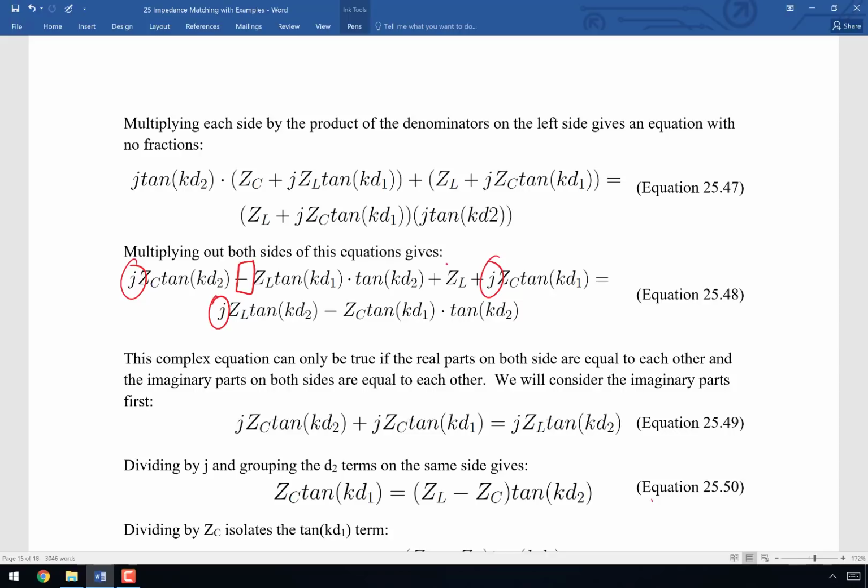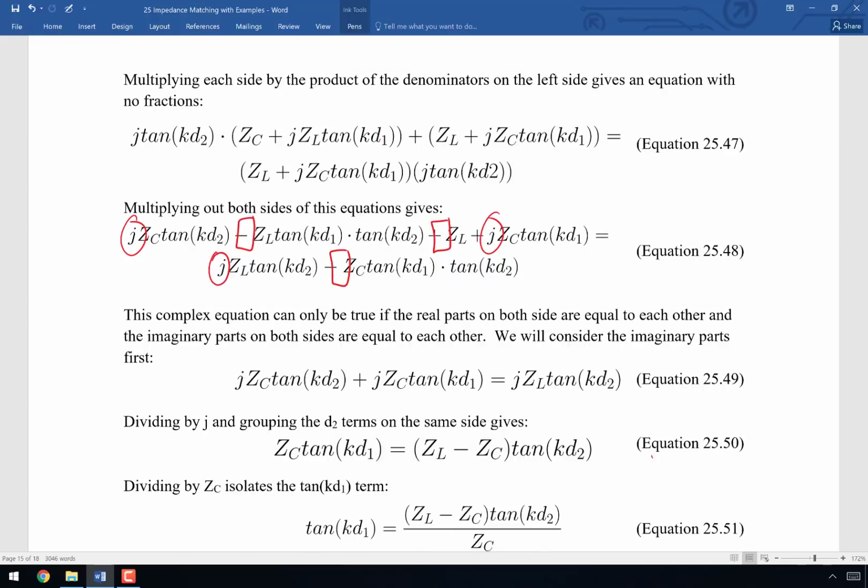In order for equation 25.48 to be true, and it is, the imaginary terms must be equal to each other and the real terms must be equal to each other. So a complex equation really contains two equations. It has the real parts and it has the imaginary parts.